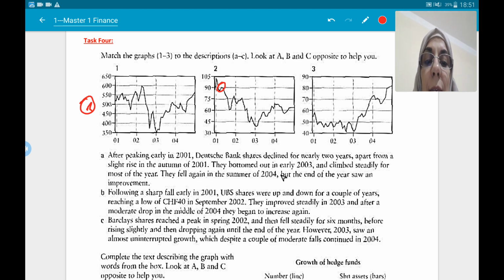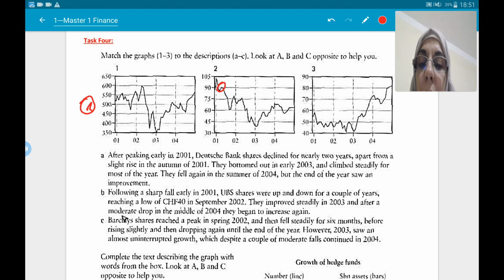But the end of the year saw an improvement, a slight improvement, a slight growth. So expression A is with graph number 2.